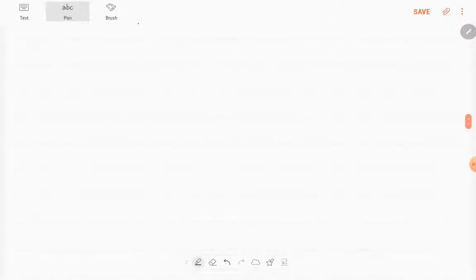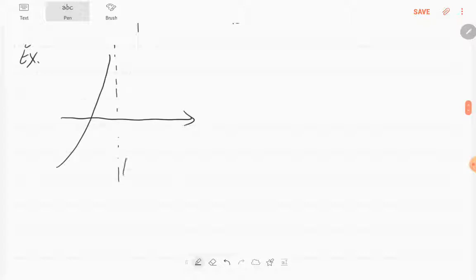Let's look at another example. This is also a vertical asymptote, right? From this case, if this is c, the limit as x approaches c minus of f of x is equal to what? Positive infinity, right?